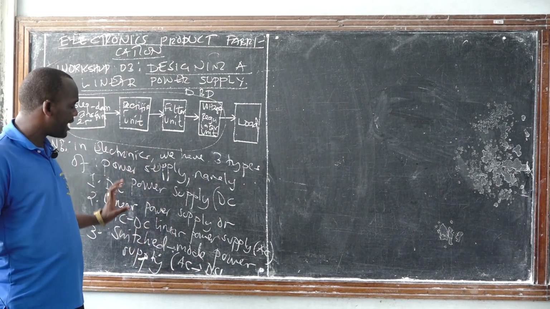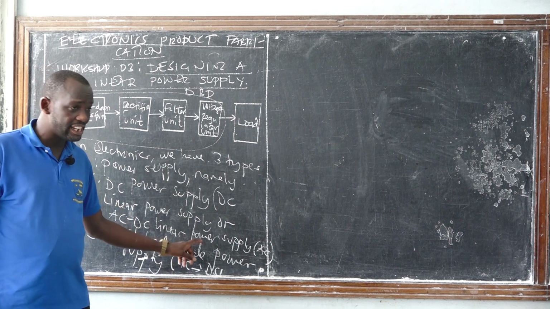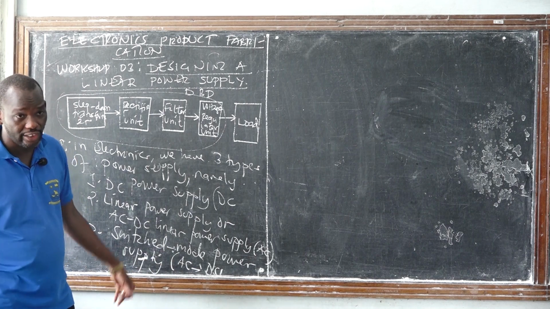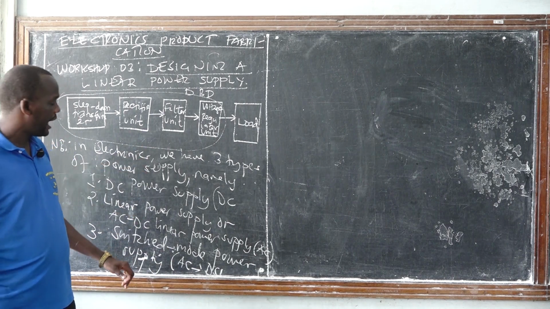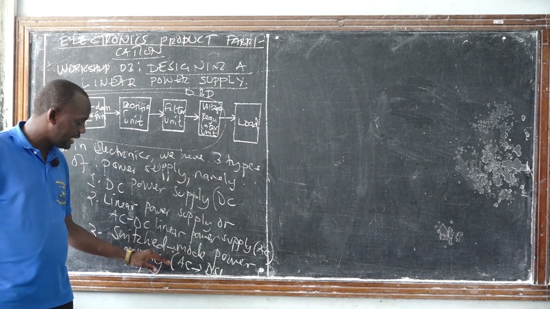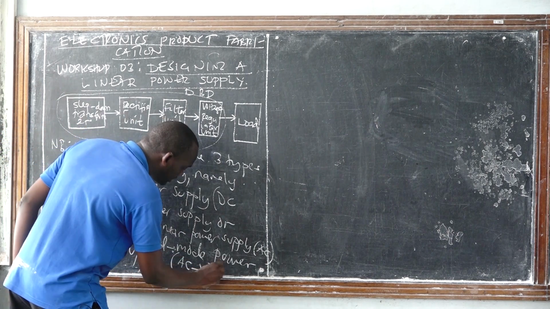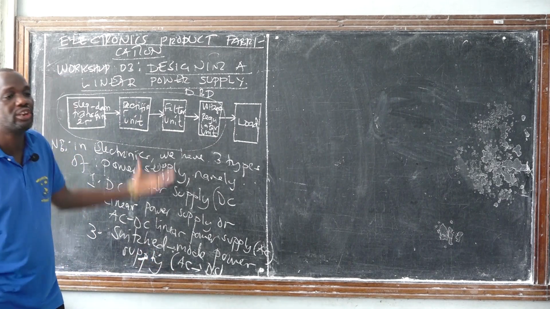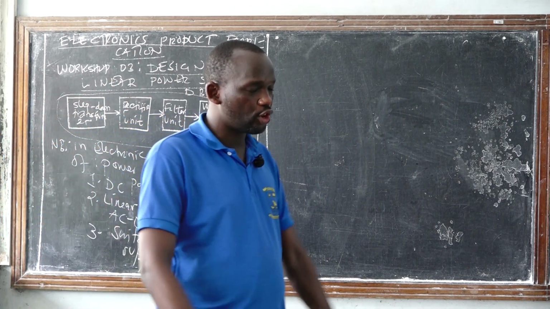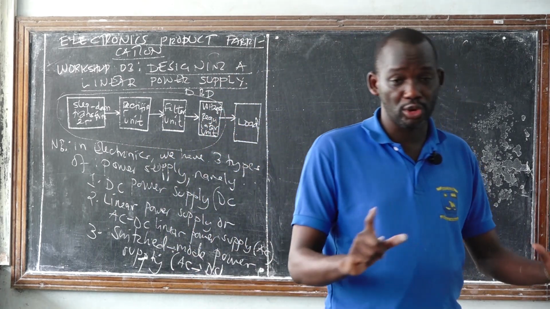There are advantages and disadvantages of linear power supply, and also advantages of switched mode power supply over linear and DC, and disadvantages. But switched mode power supply has been found to have many more advantages than the other two types of power supply. So for commercial purposes, we use switched mode power supply.